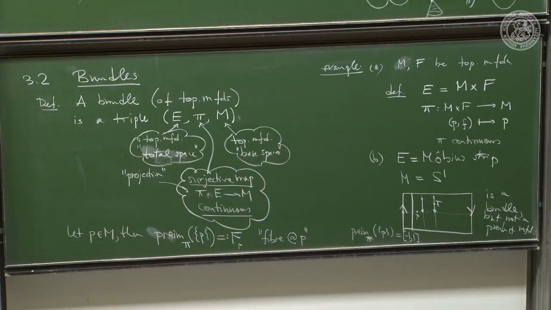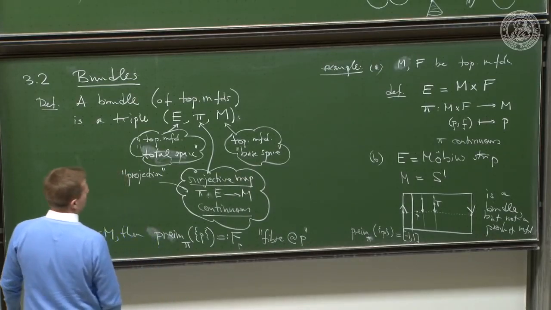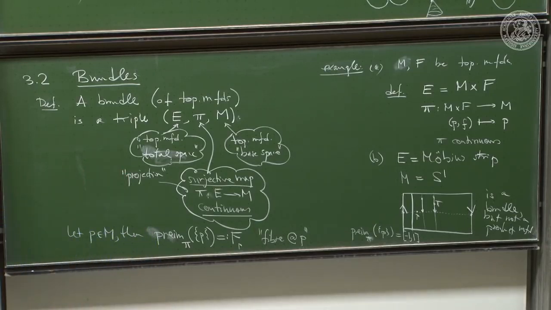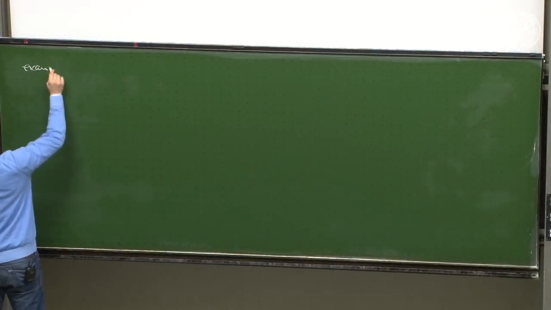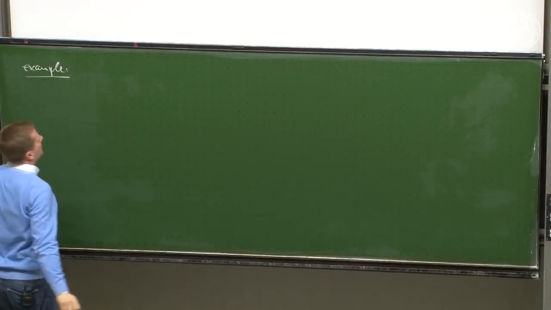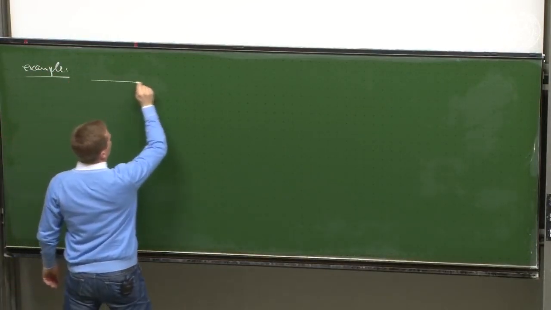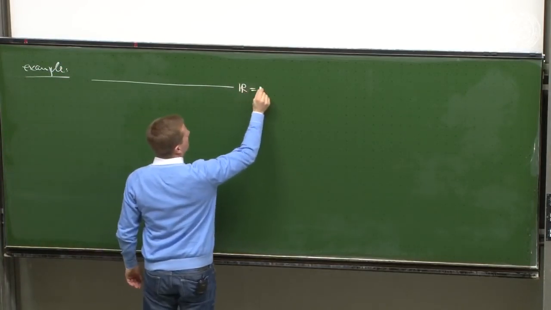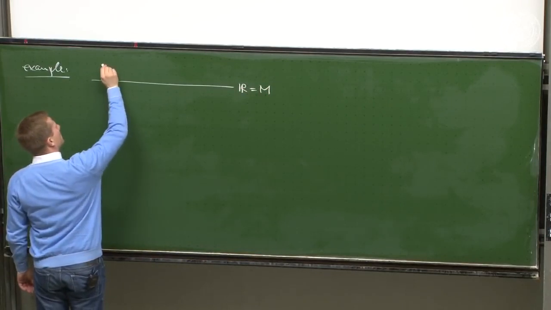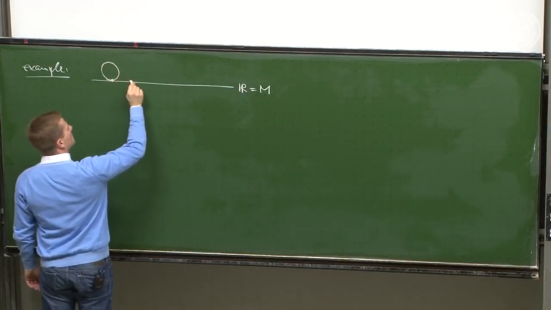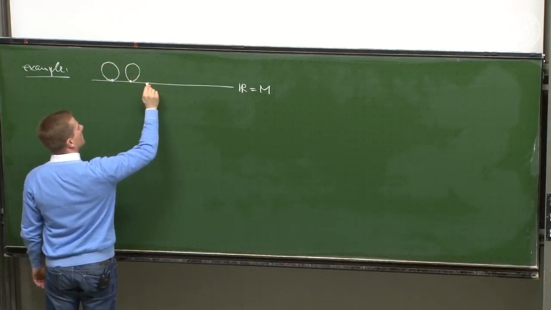And this is wildly important. Now, sometimes if we have a bundle, we use a notation, but maybe I first erase the blackboard. Yet another example would be afforded, for instance, by taking the real line as the base space and then attaching at every point a circle to it that looks like a cylinder.